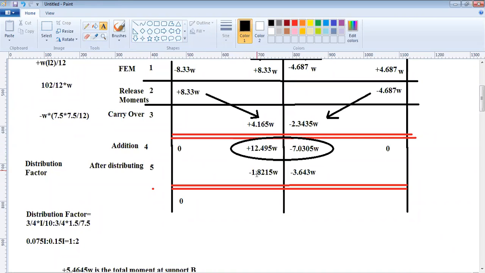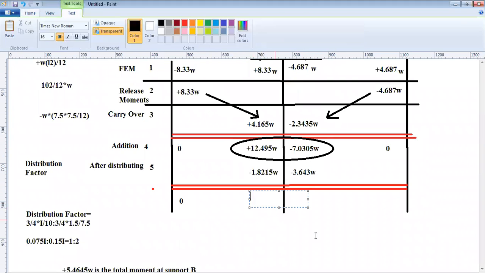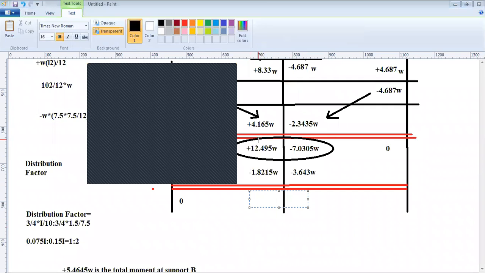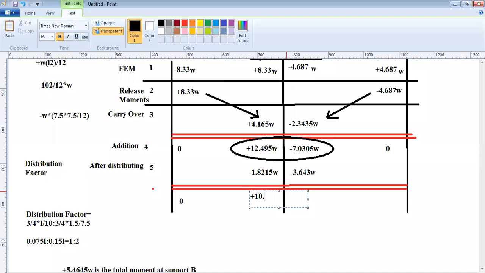Now we are internally redistributing the moments between these 2 red lines. So what's the moment here? 12.495 minus 1.8215, so we get 10.6735 into W. I've added up between the 2 red lines.